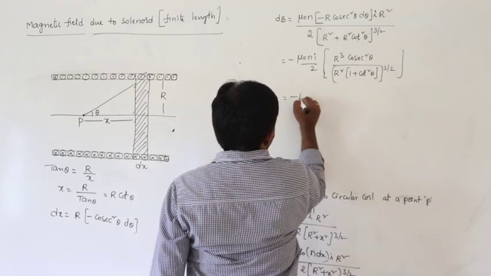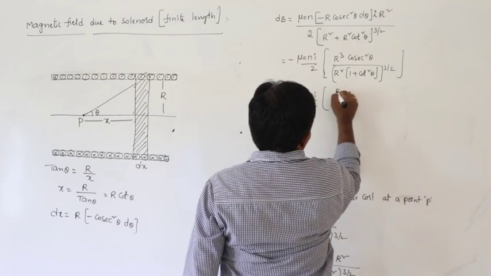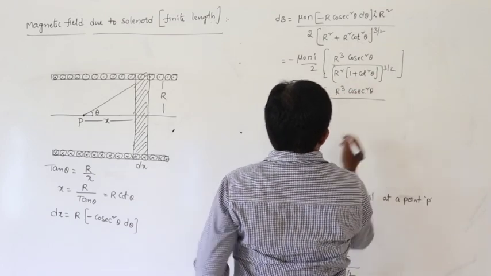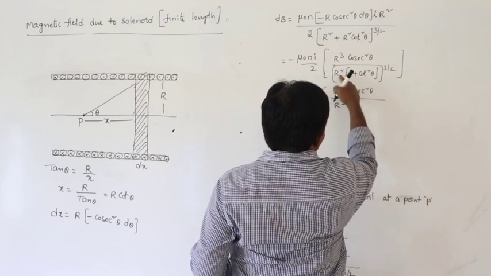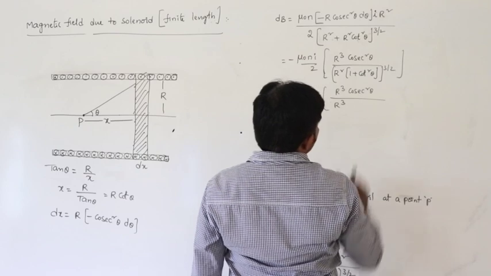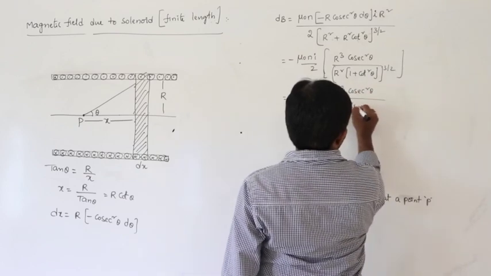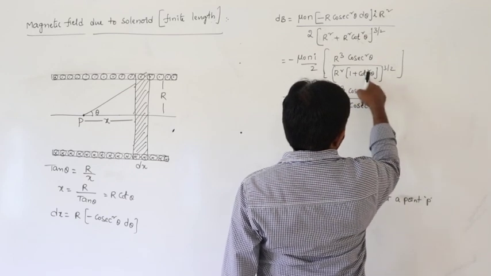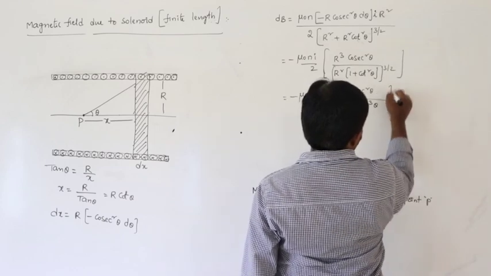That equals minus mu naught Ni by 2 into r cube cosecant square theta divided by r cube into (1 plus cot square theta) whole power 3 by 2. Since 1 plus cot square theta is cosecant square theta, this gives cosecant cube theta.